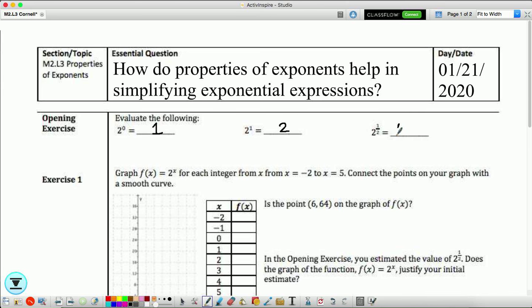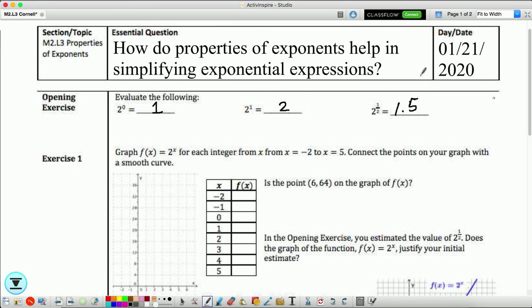So maybe let's estimate it to be about 1.5. And again, this is just an estimate. We are guessing at this point, and we'll come to the actual solution in a second. So our first exercise revolves around finding out if we're actually correct here or not.